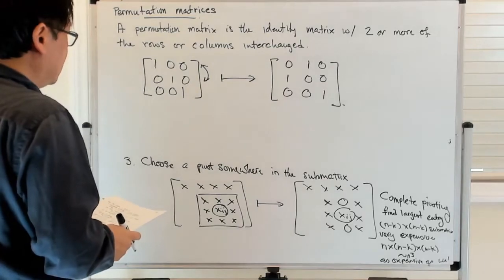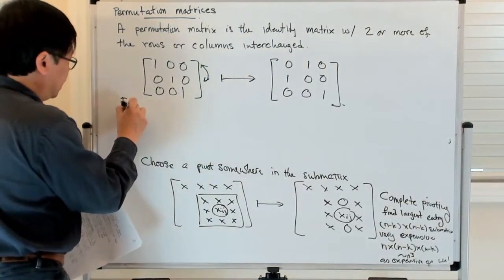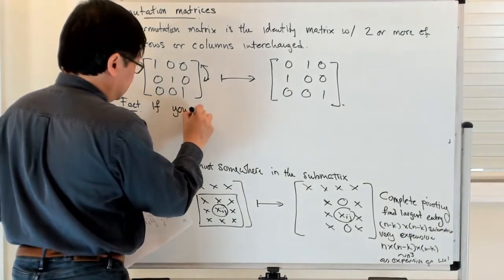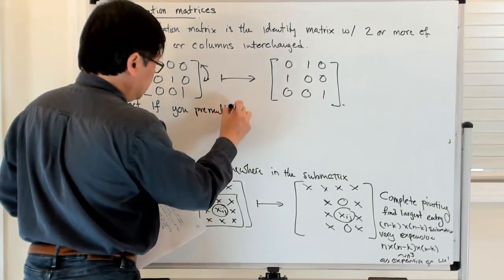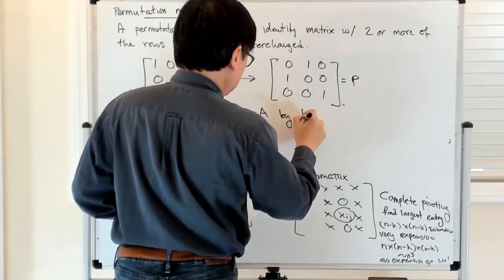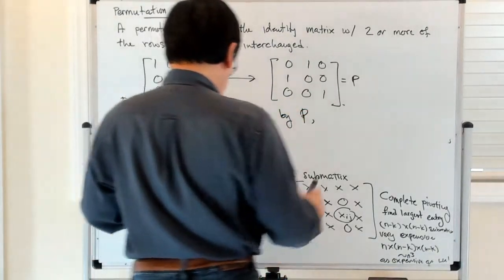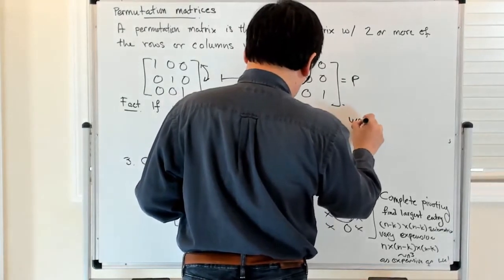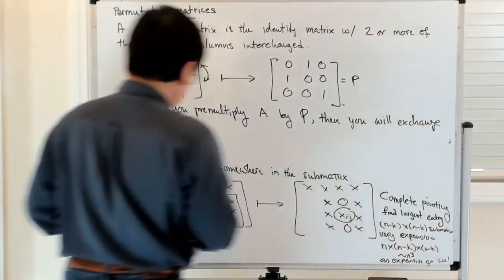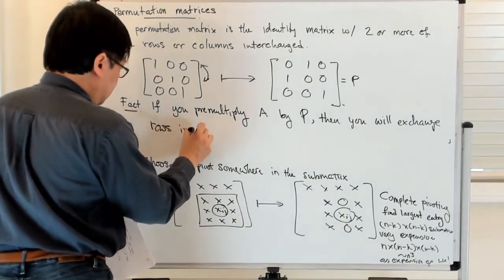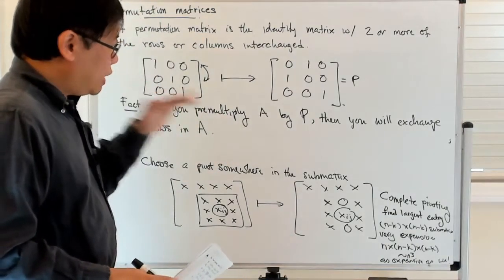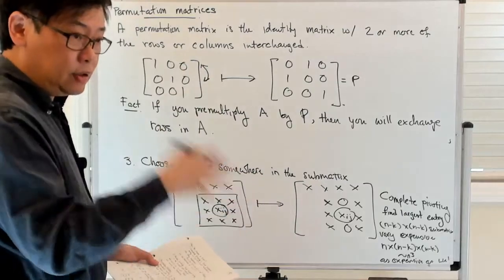Let me state the following fact: if you pre-multiply A by this permutation matrix, you will exchange rows in A. Hopefully by now you realize that if you multiply on the left, you get row operations, and if you multiply on the right, you get column operations.